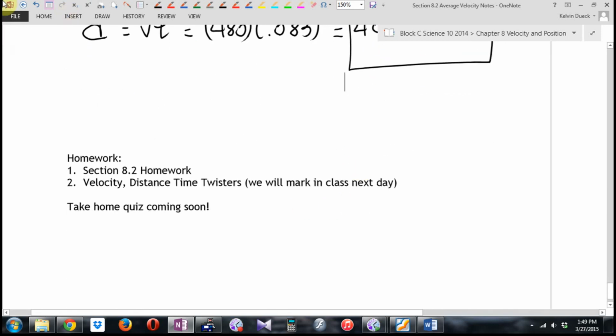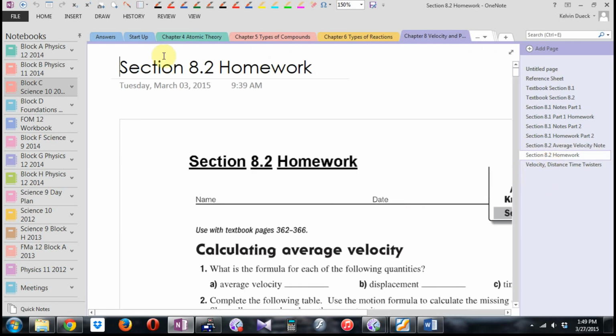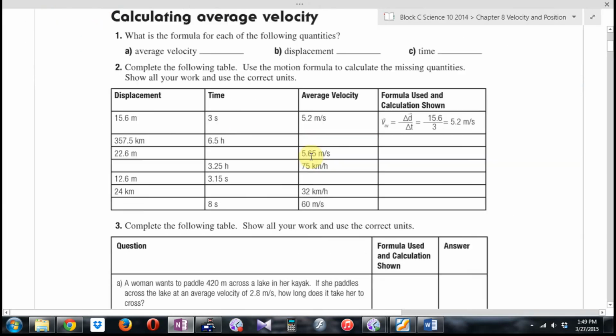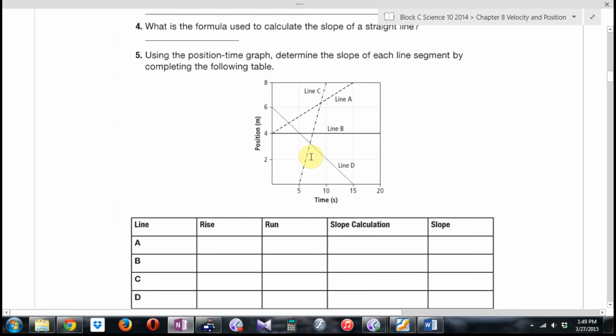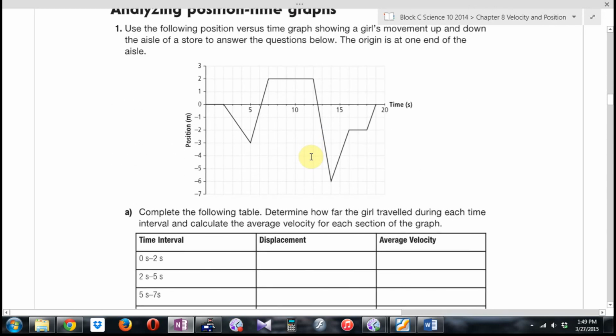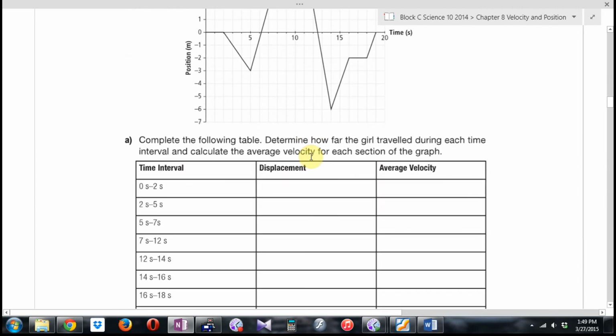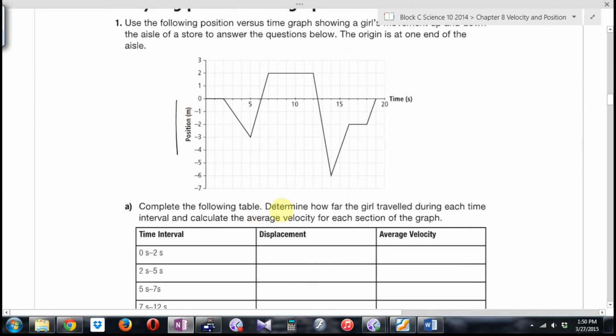What's your homework? I gave you part 1, section 8.2 homework last class. This first page is what we've just been doing, and then we start going back to slopes and graphs, which is what we did before spring break. Remember, if you have a position versus time graph, the slope is the velocity.